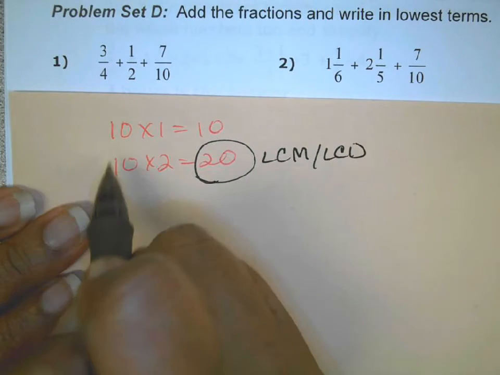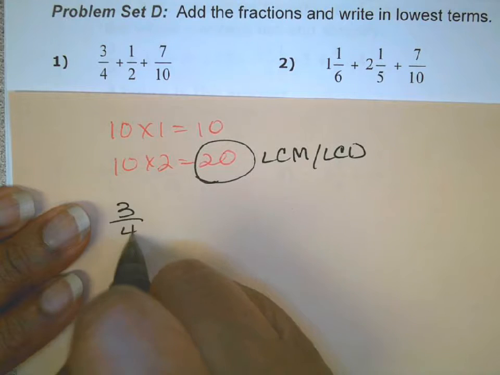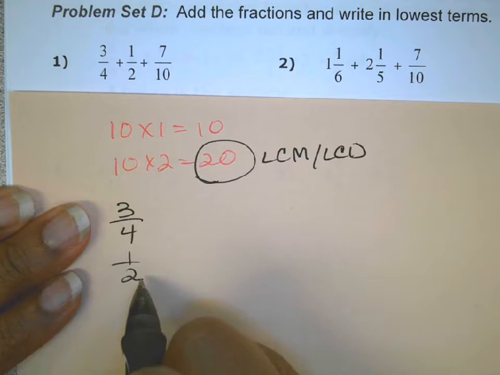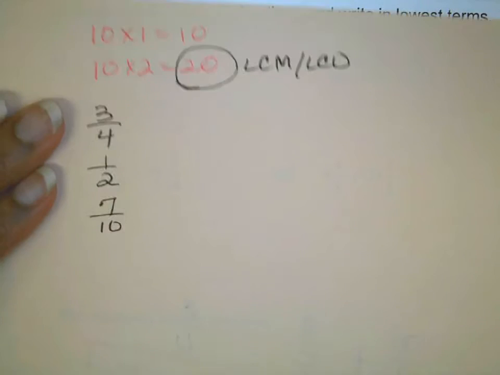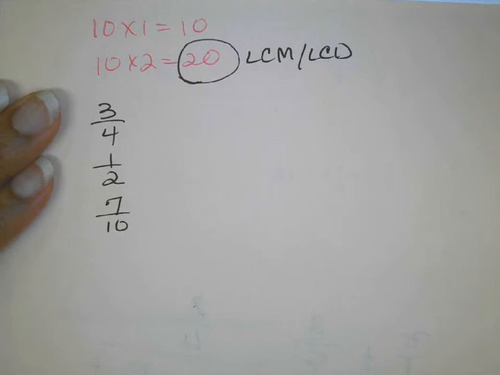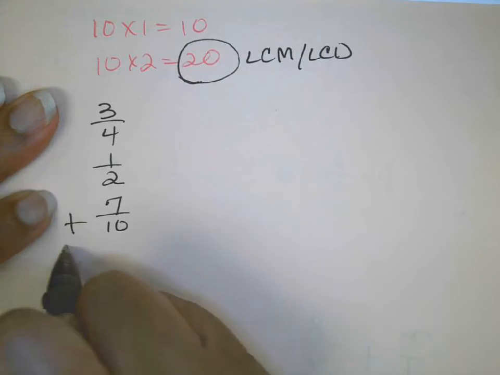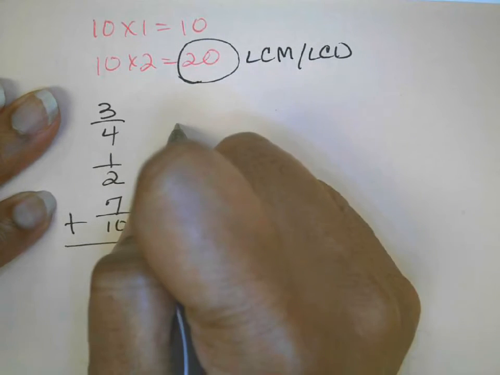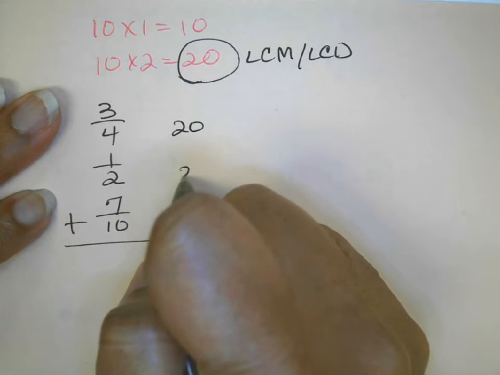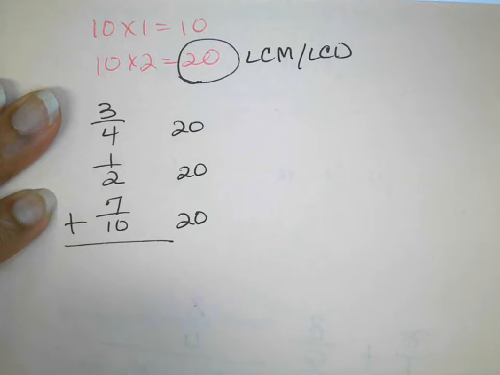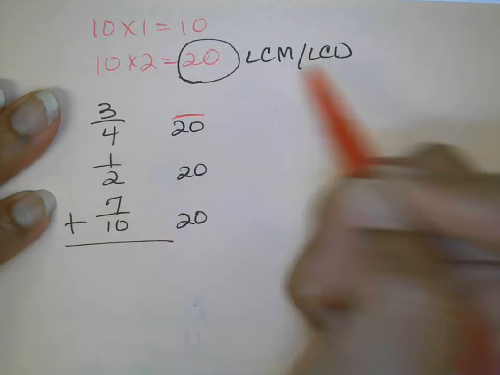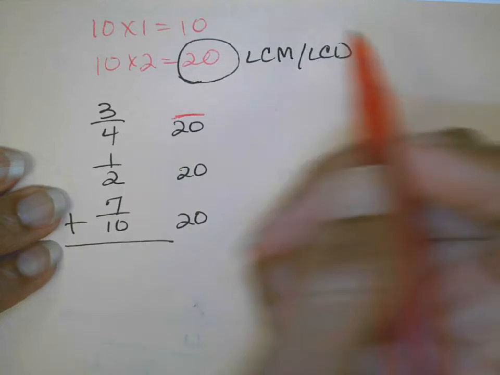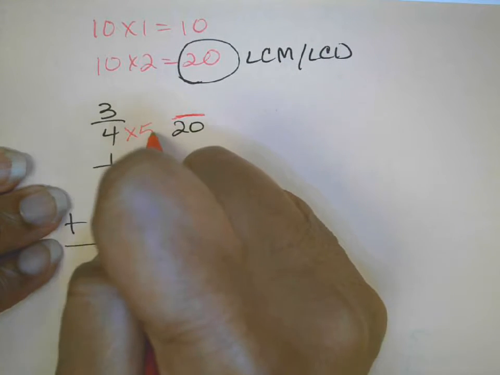So I'm going to raise this fraction, and this fraction, and this fraction to 20. Let's go ahead and do it. We're going to add all these together. So to get 20 for each of these, 4 times what gives me 20? So I multiply by 5 to get 20.